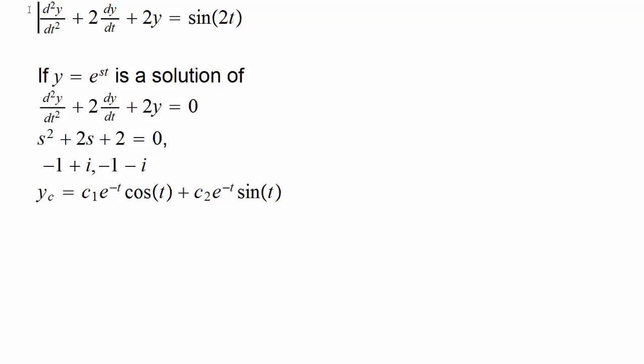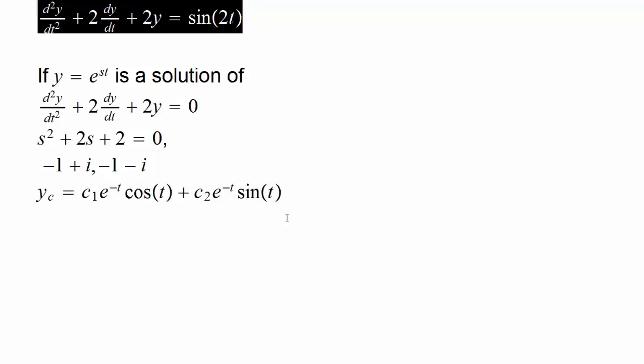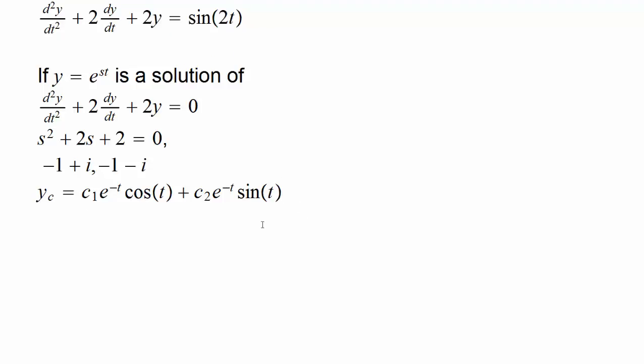Now we have to obtain a particular solution of this equation, and then we will add that to this complementary function, and since this is 0, that will give us a general solution. Since this is sine of 2t, we can try that a particular solution of this differential equation is a linear combination of sine 2t and cosine 2t, which comes from differentiating sine and cosine.